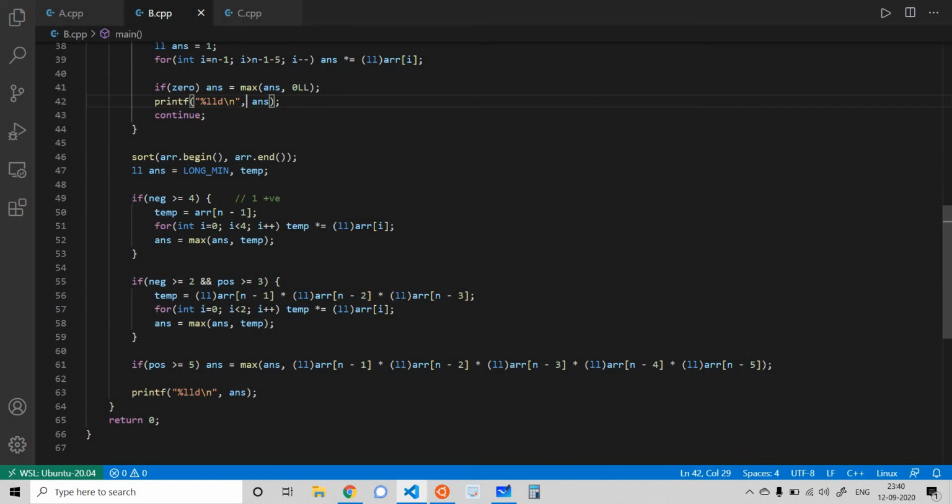And then I'm seeing if I'm taking 1 positive and 4 negative, I'm finding the answer accordingly. And this is for the case when I'm taking 3 positive and 2 negative. And this is for the case when I'm considering all the positive numbers to find the product. At the end, I'm returning the maximum number I'm getting from all of these.